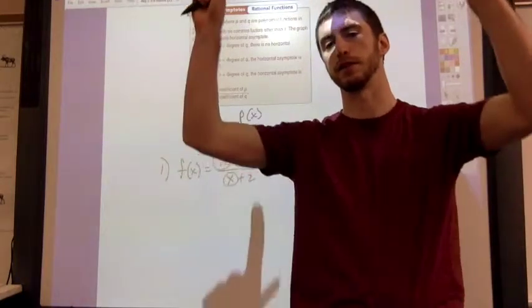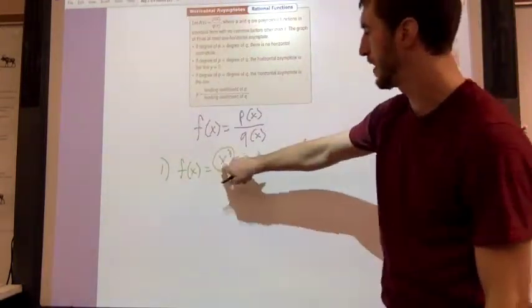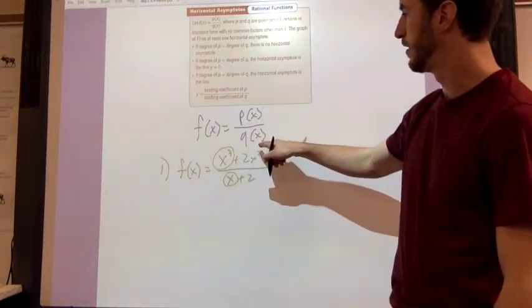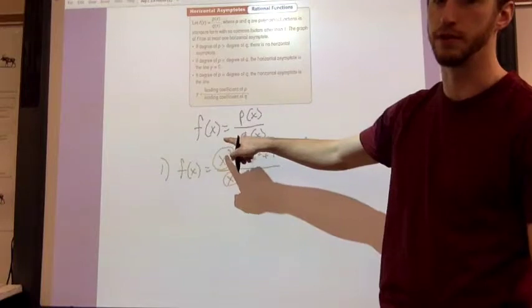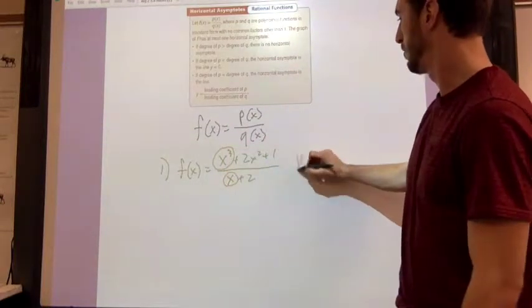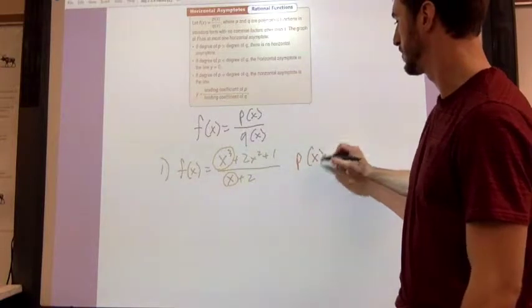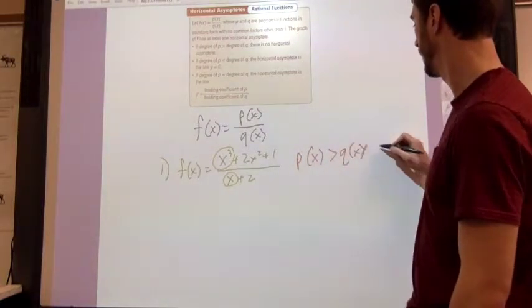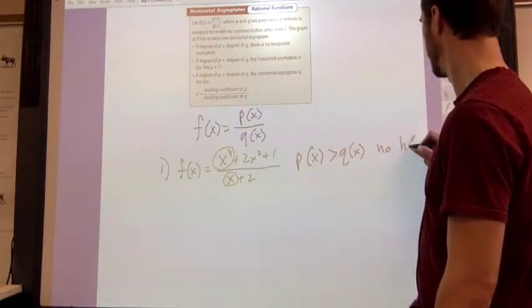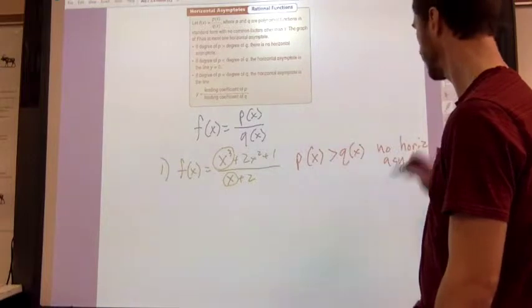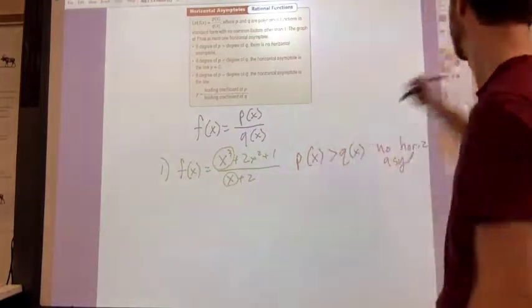It's going to keep going skyward. So in this case, when P of X is greater than Q of X, when P of X, that's your numerator, is greater than Q of X, there is no horizontal asymptote. Okay, that's the first instance.